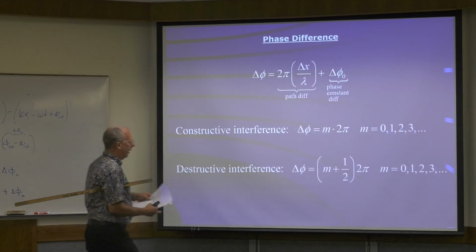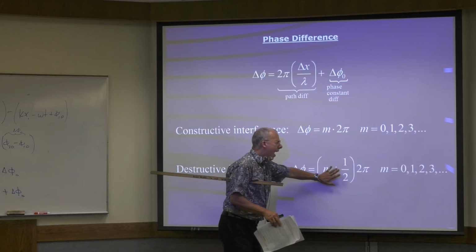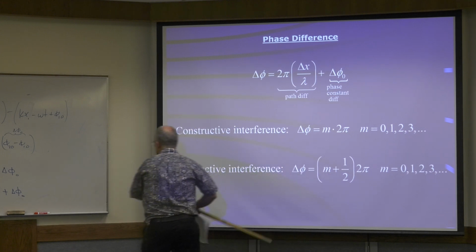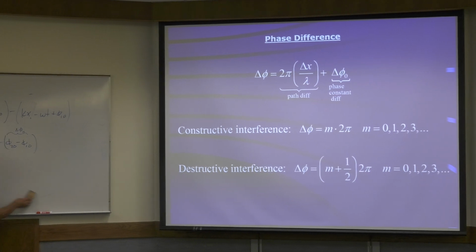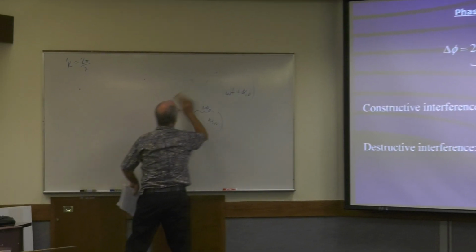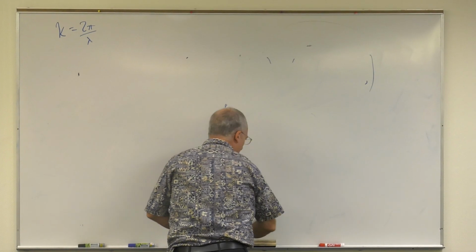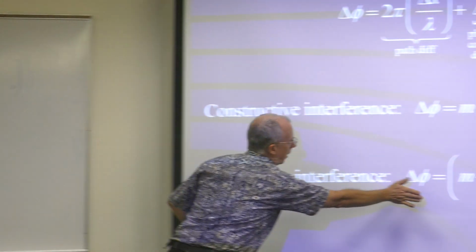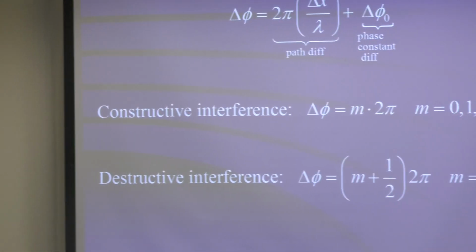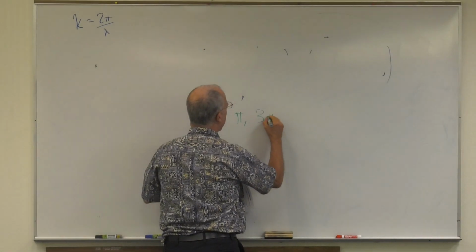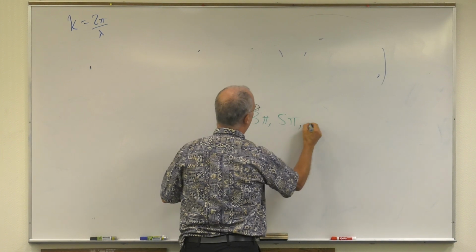And again, you don't have to write it like this. If we felt like it, we could have written that last one differently. Look at what we're trying to get: pi, 3 pi, 5 pi, on and on.